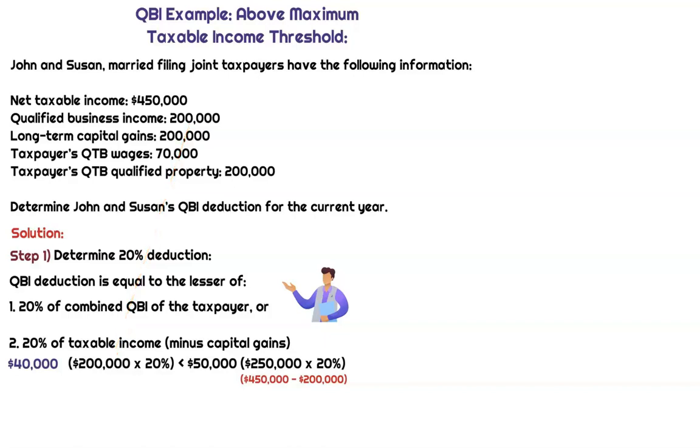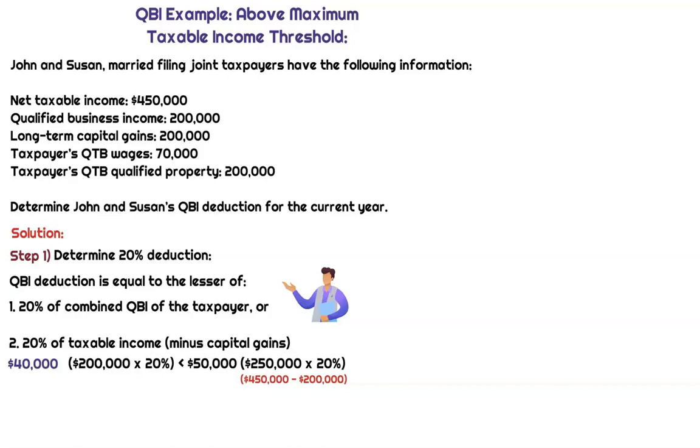All right, we know that taxable income is going to be $450,000, but they also have these capital gains of $200,000. So less the capital gains of $200,000 gives them a total taxable income less capital gains of $250,000. $250,000 is greater than $200,000. Okay, so we're going to take the 20% of $200,000, not 20% of $250,000. Okay, so that's step 1.